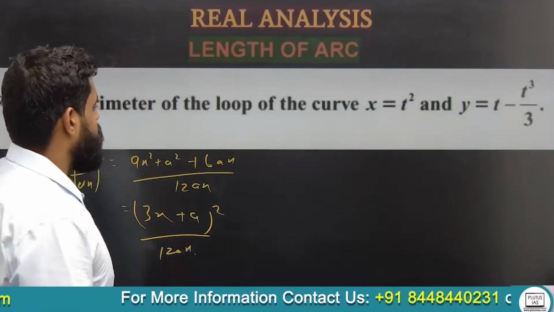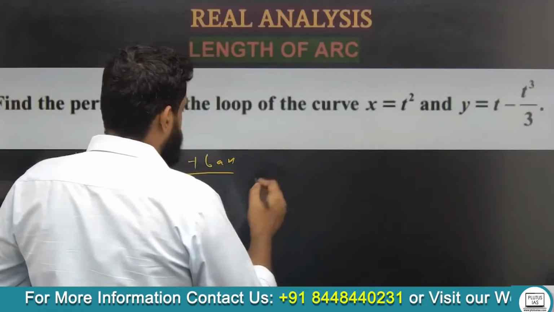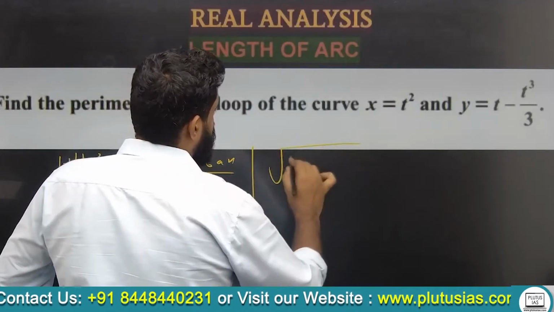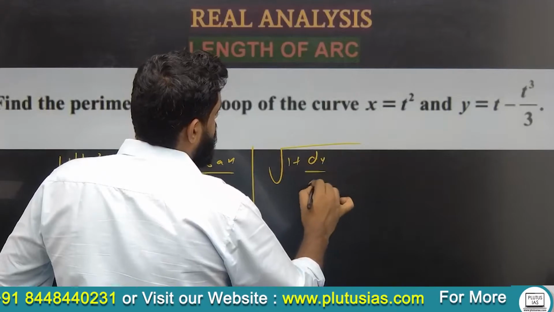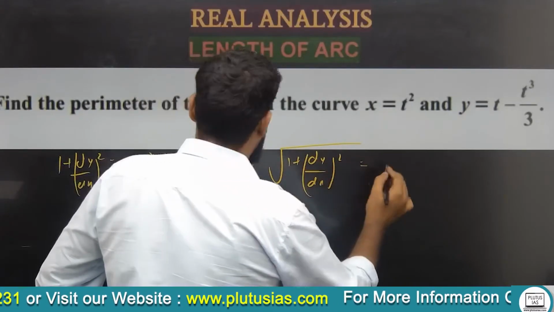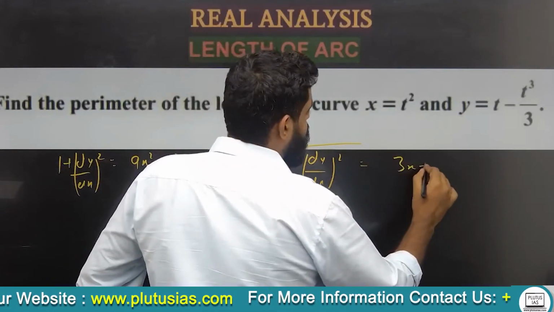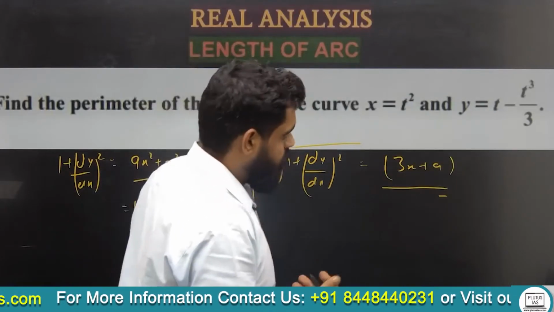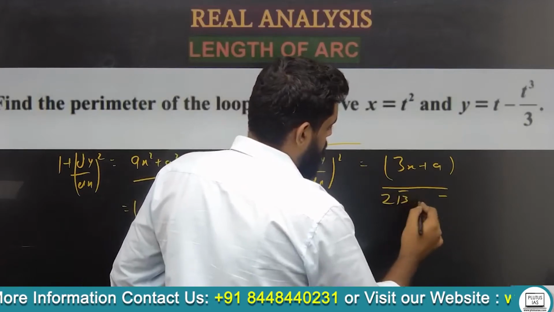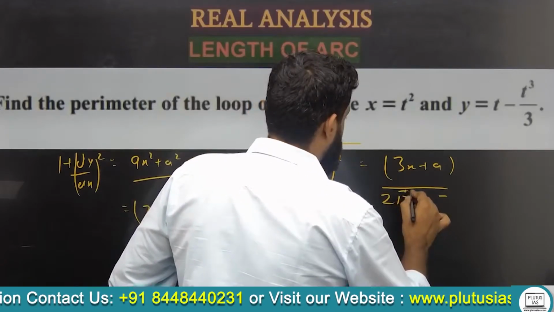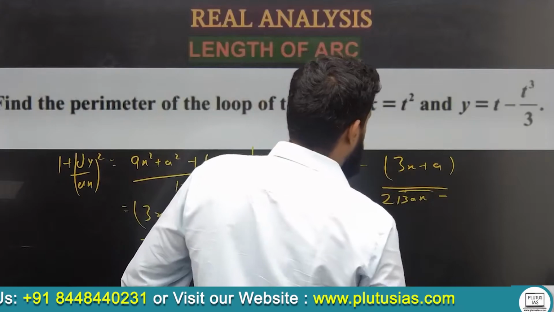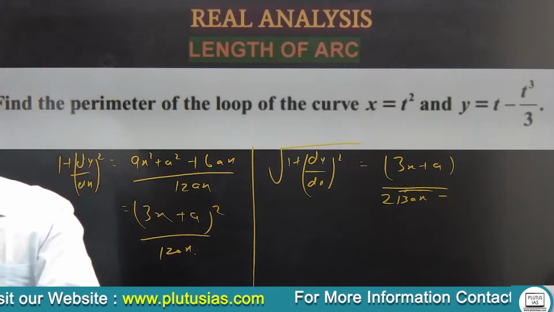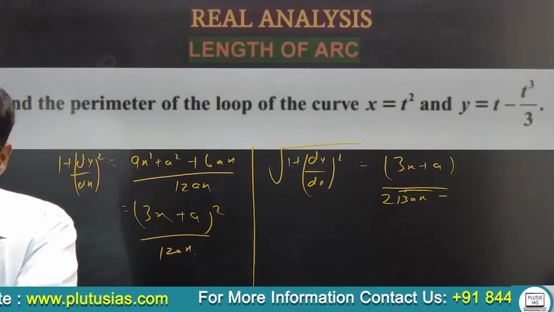Now for integration we need to find the square root of this. So the square root of 1 plus dy by dx whole square is equal to 3x plus a upon, now the square root of 12 would be 2 root 3, so 2 root 3ax.